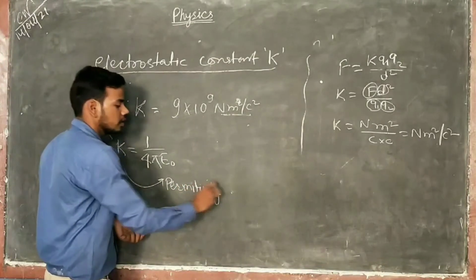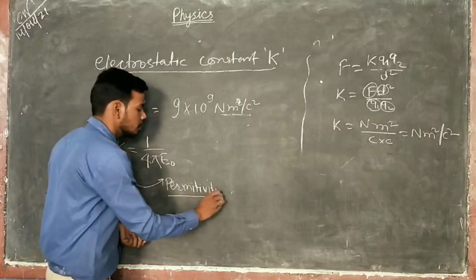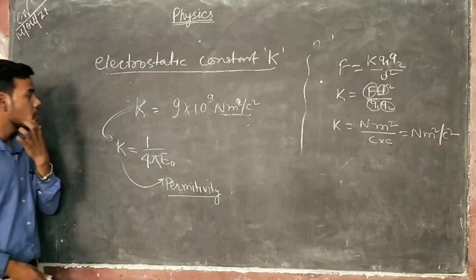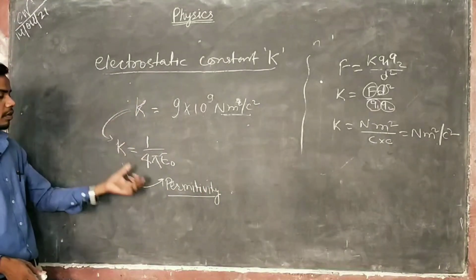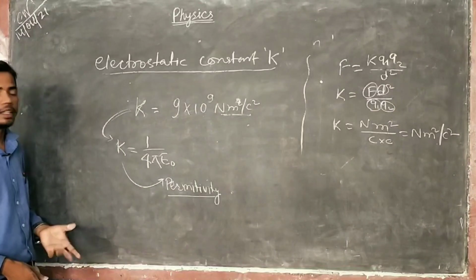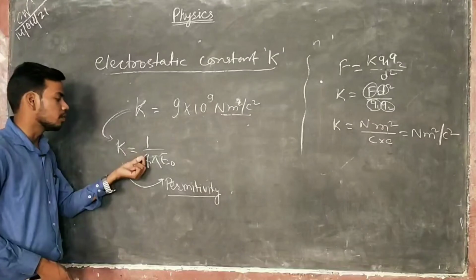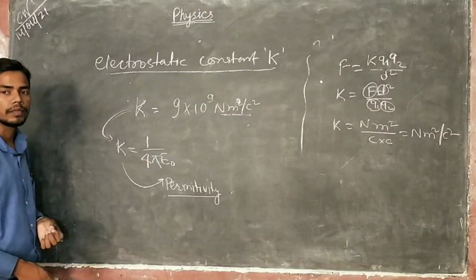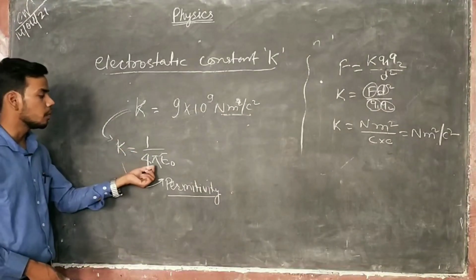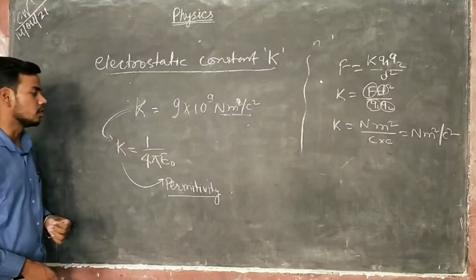You can also be asked by the teachers what is the value of K in the form of permittivity? Then you would say K is equal to 1 upon 4 pi epsilon naught.